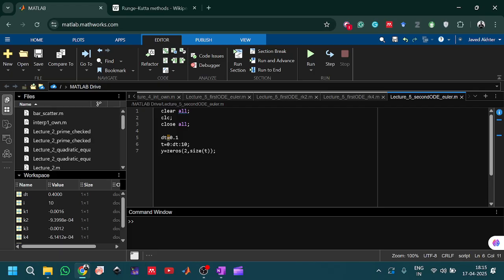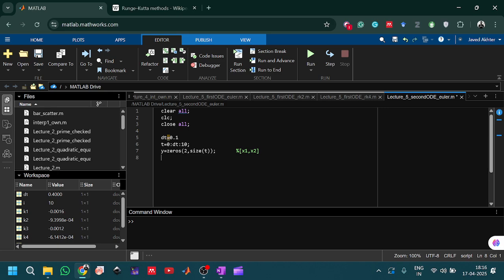So let me write down here. This is x1 x2. First row along all the columns you will have the x1 values. The second row along all the columns you will have the x2 values, and then you have to specify an initial condition.